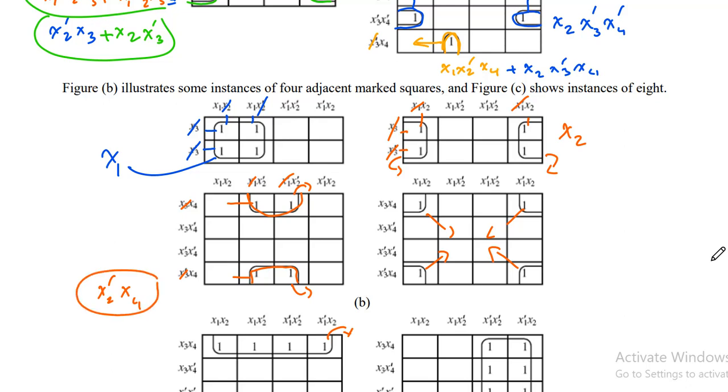The next one here, I group them by the corners, which gives me 4. Then I look up, I see that x1 is changing, what's left is x2. And if you look horizontally, I see that x3 is gone, but x4 stays. And that's the expression for this one here.